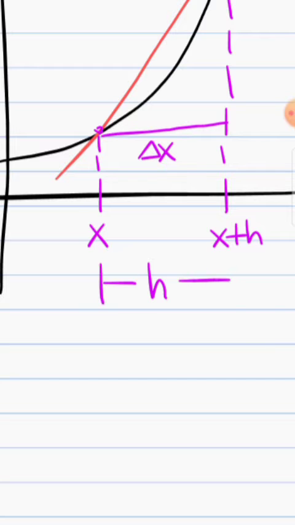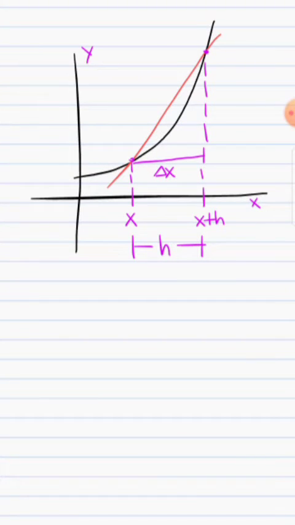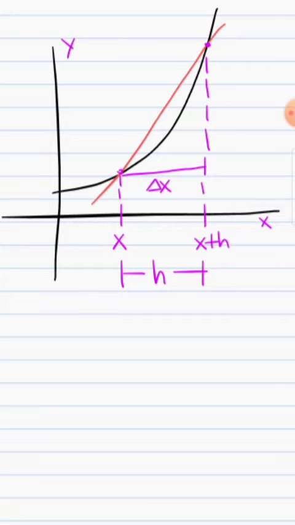So that length, delta x, is equal to h. For example, if this point is 7 and this point is 10, then our h is 3. So this point is just 3 plus 7, so we get 10. In order for this to become 10, we just add x and h.